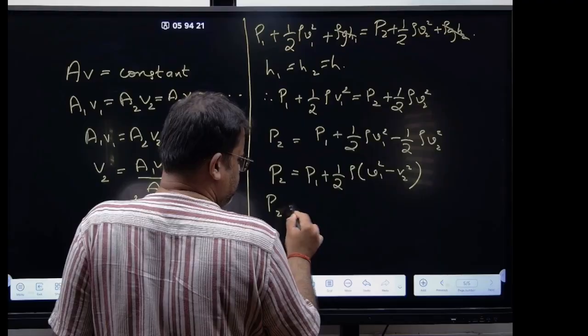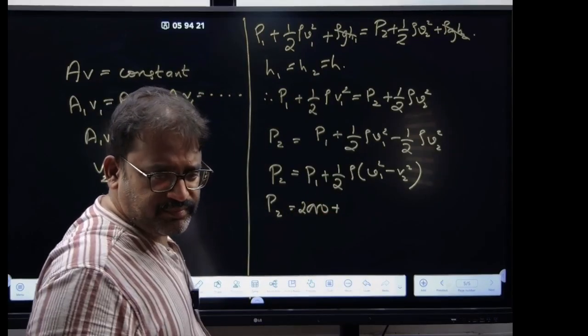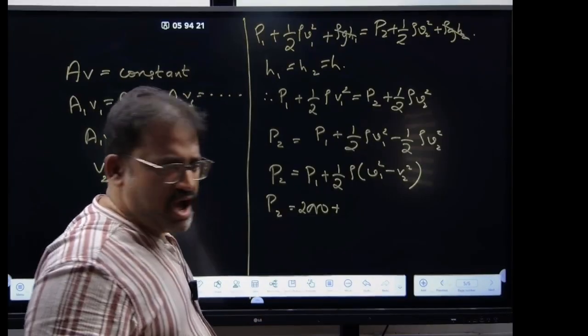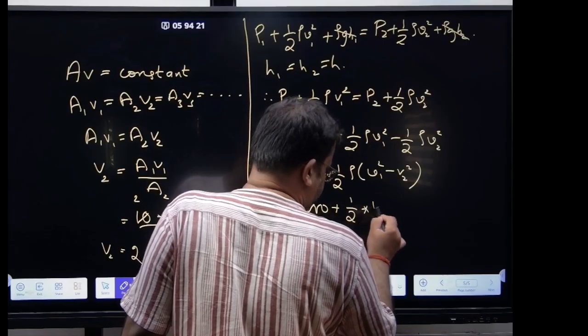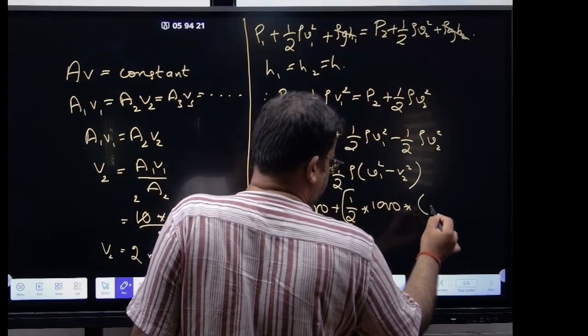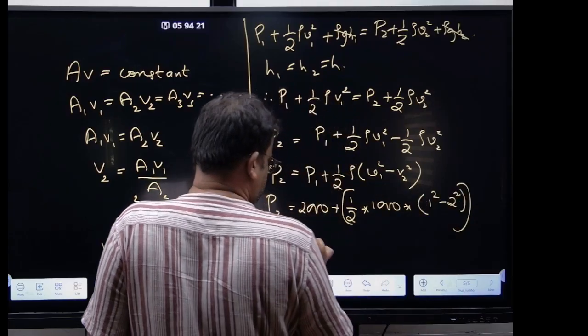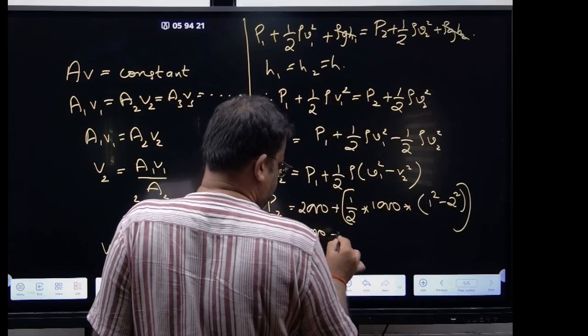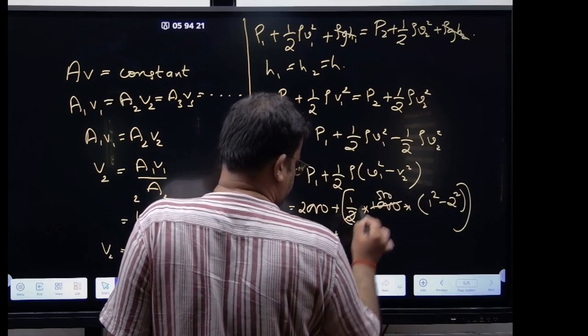So what is P1? P1 is 2000 plus half will remain as it is. Remember, density of water is 1000 kg per meter cube. In the bracket, it is 1 square minus 2 square. So that is equal to 2000 plus this can be cancelled off. So this will be 500.